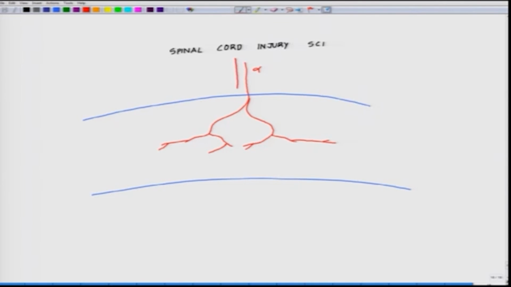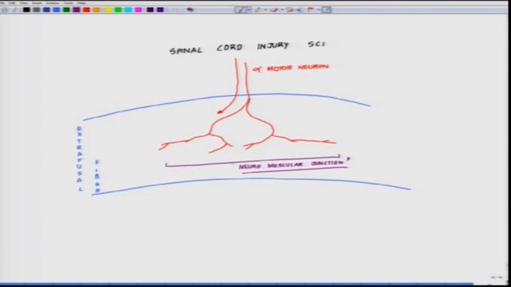The signal is coming like this, and this is the extrafusal fiber, and this part is called the neuromuscular junction.